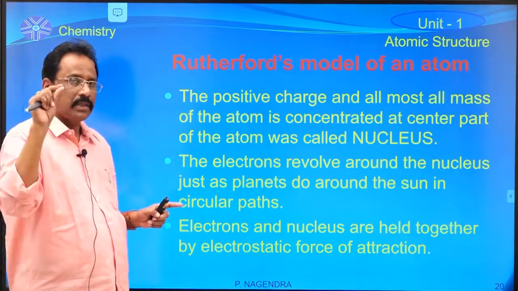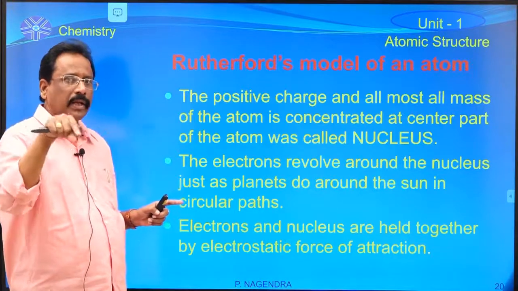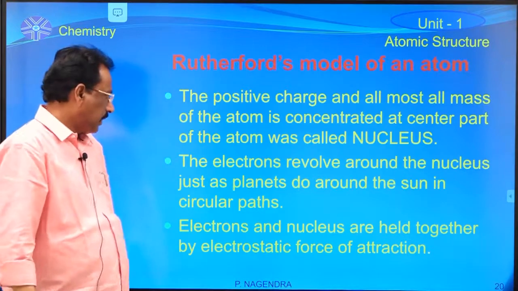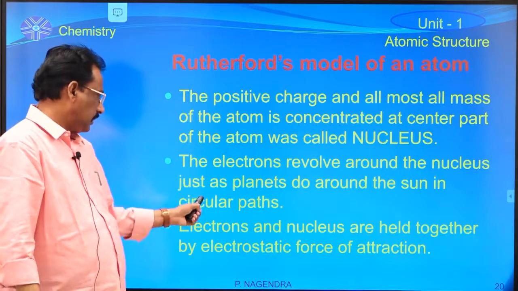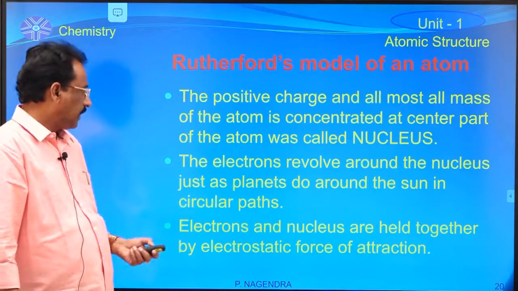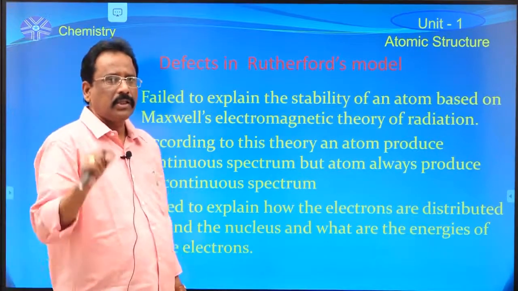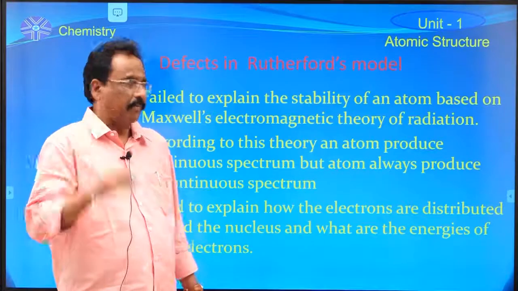So, the sun represents the nucleus, and the planets represent the revolving electrons. And the third assumption in this theory is that the nucleus and electrons are held together by nuclear force of attraction. So, this is about Rutherford's atomic model of an atom.